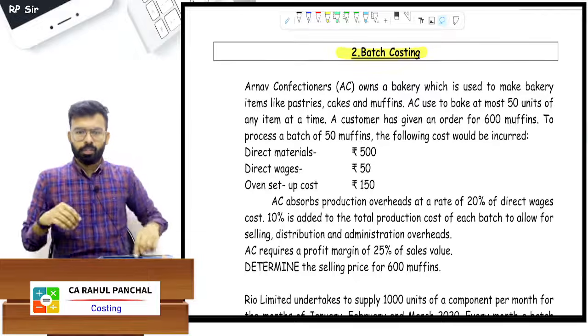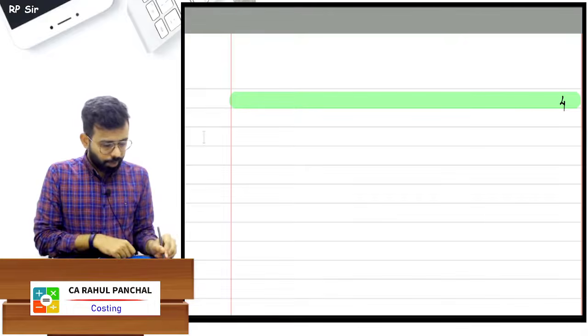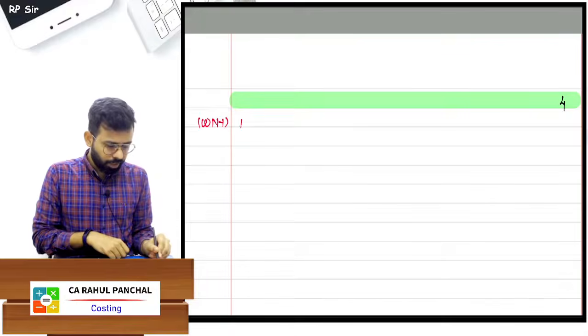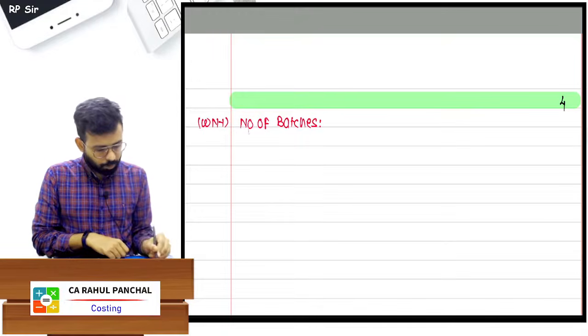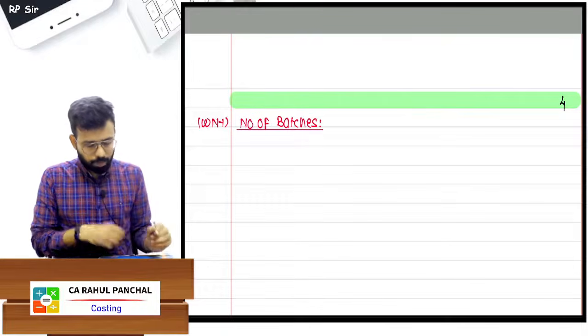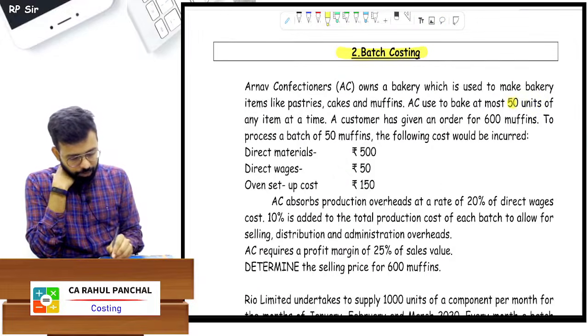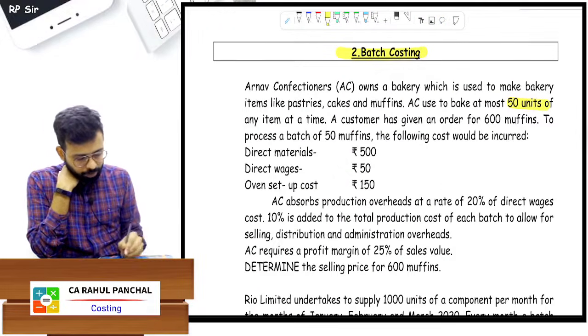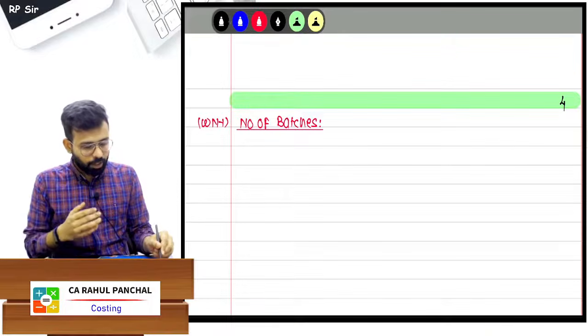Let us start with the question. Solution. First of all, you can make one working note, working note number 1, for your clarity if you want. That is number of batches. If 50 muffins are produced in one batch, that is a batch of 50 muffins, and we want 600 muffins, then how many batches will be there?